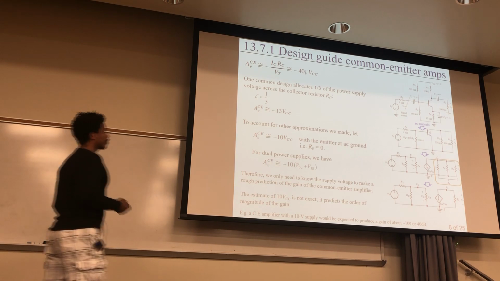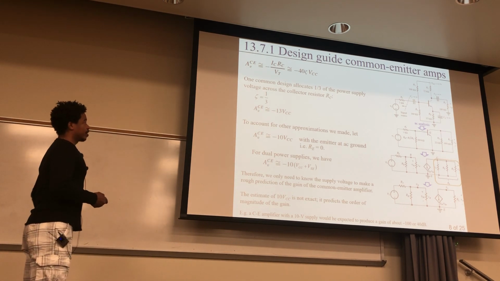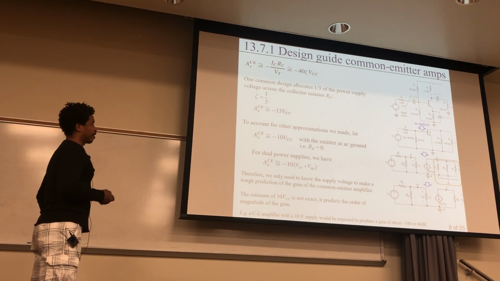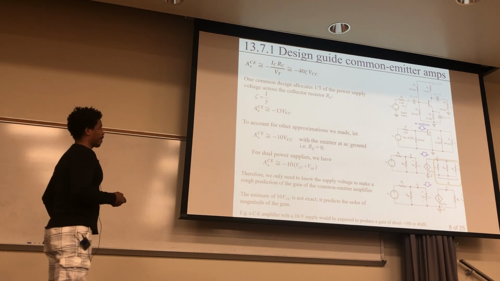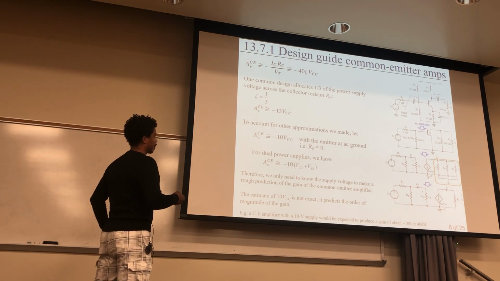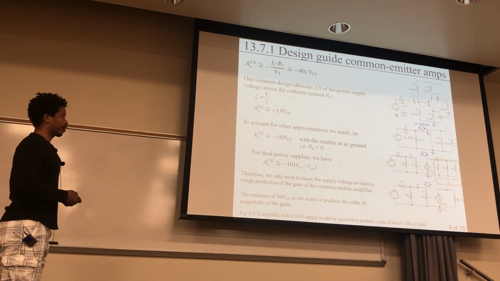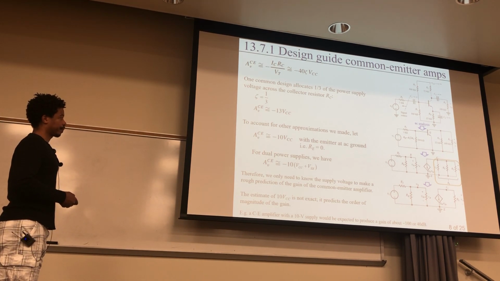So what this really means is that you only need to know your supply voltage to make a pretty rough estimate of your common emitter amplifier gain. If you just know this or that, or both of them, you multiply that by negative 10, and that's going to be a good approximation of what your gain is going to be.